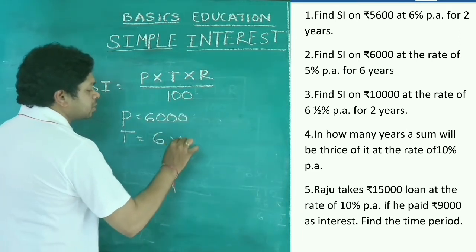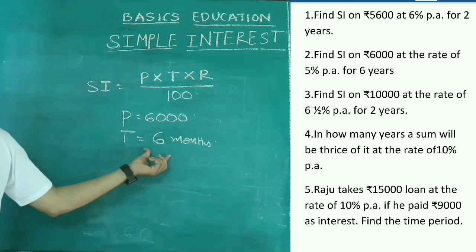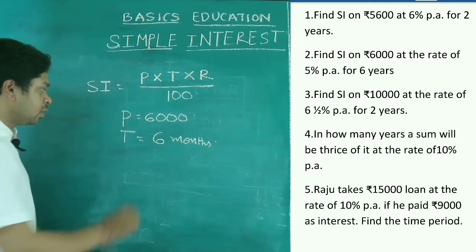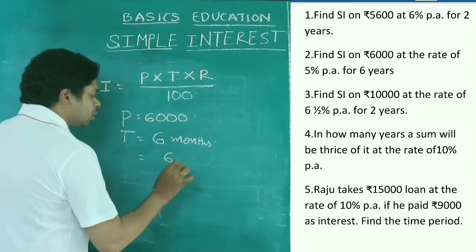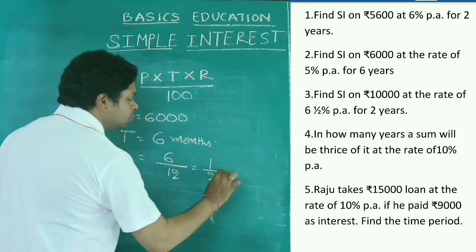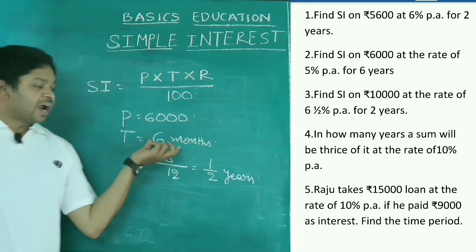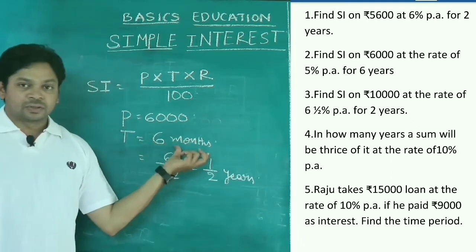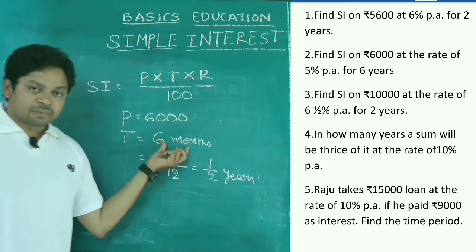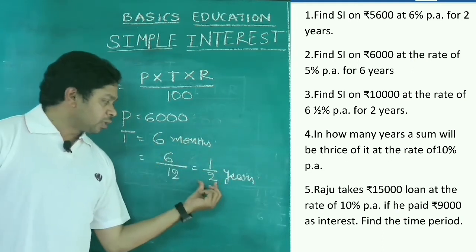We have to convert the 6 months into years. One year has 12 months, so 6 months by 12 months is 1 by 2 years.